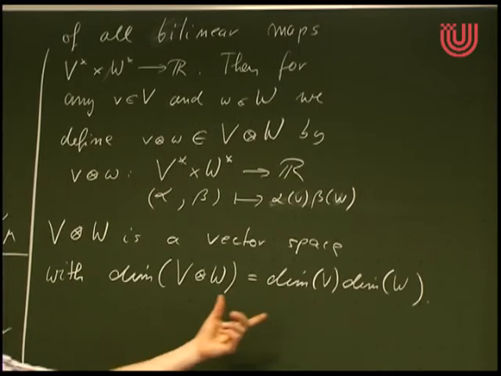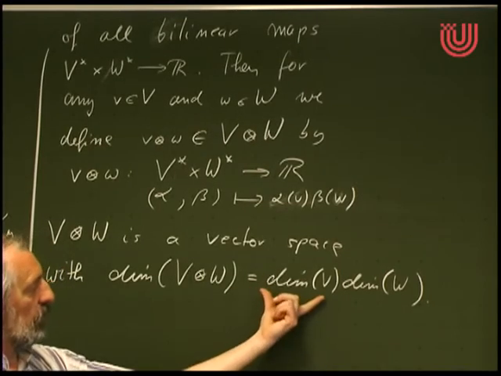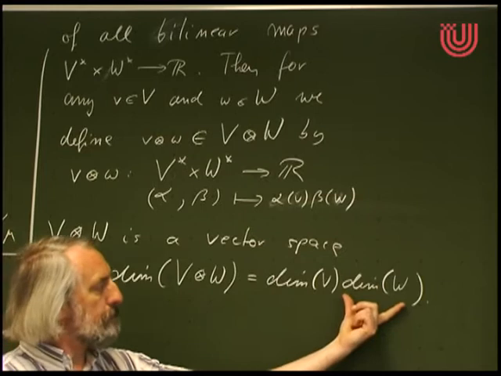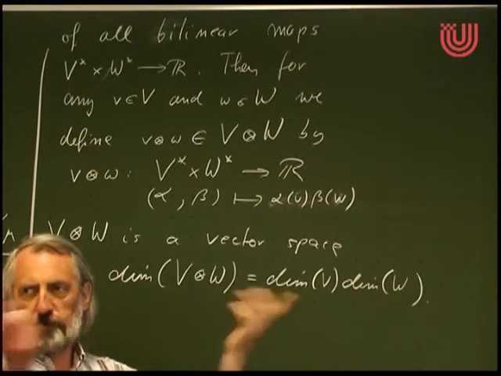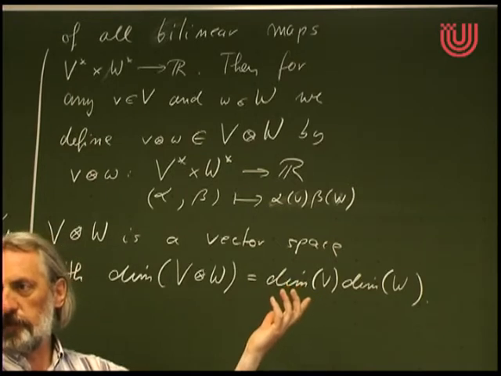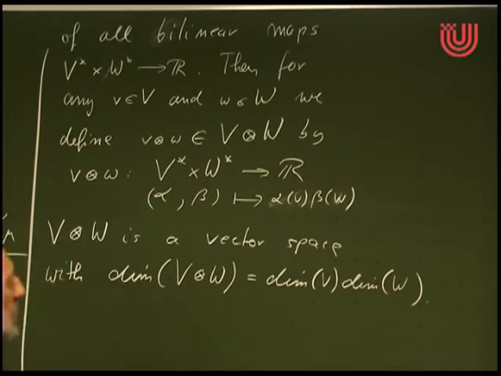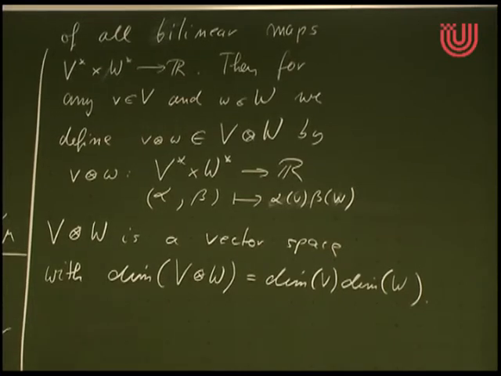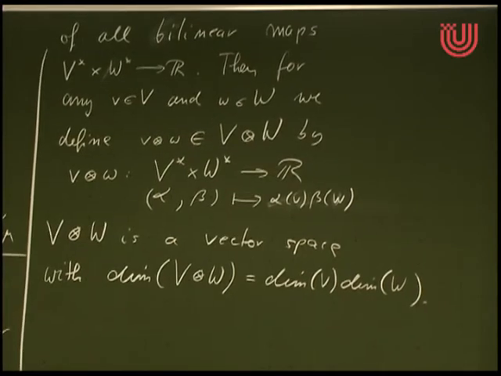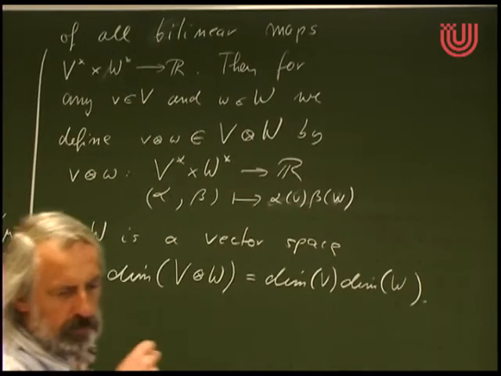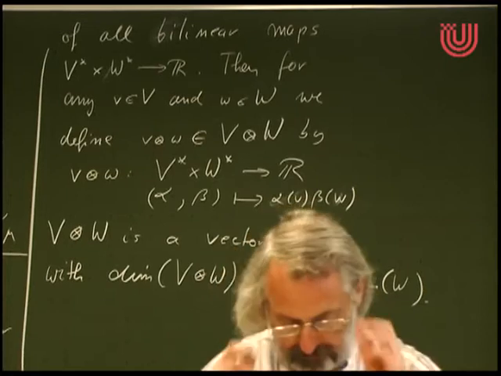If this is n-dimensional, you have n basis vectors here. If this is m-dimensional, you have m basis vectors here. And if you multiply them pairwise together, you get n times m basis vectors for the whole space, right? So I leave it with this, but if you want to prove this, I think you could fairly easily do this by yourself with the help of bases.